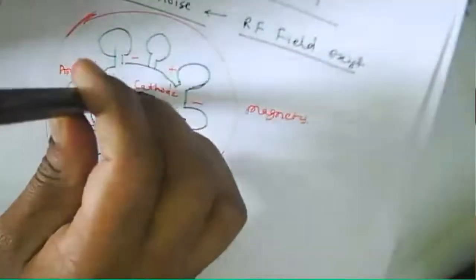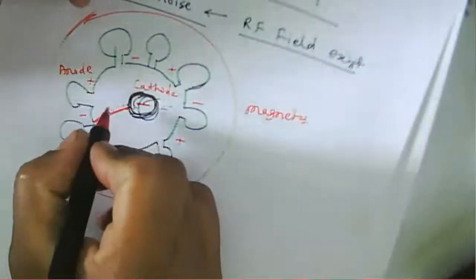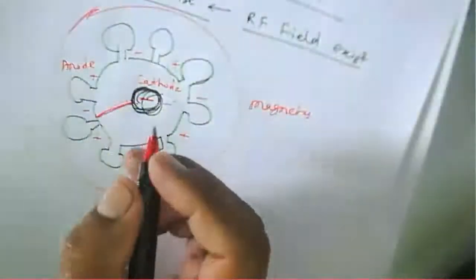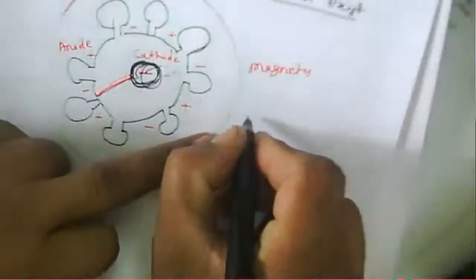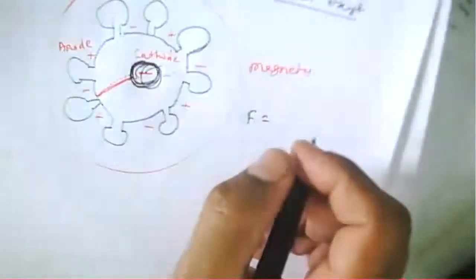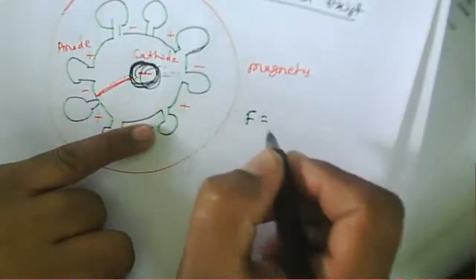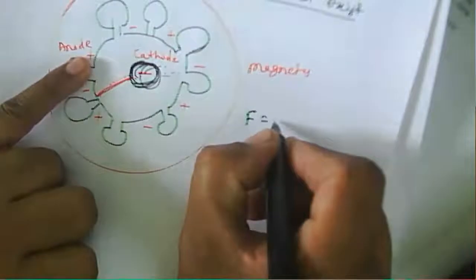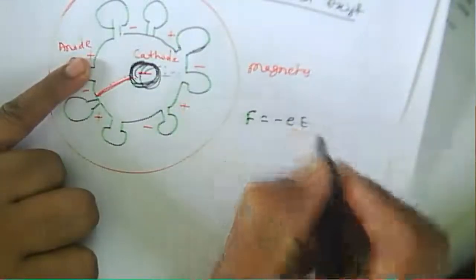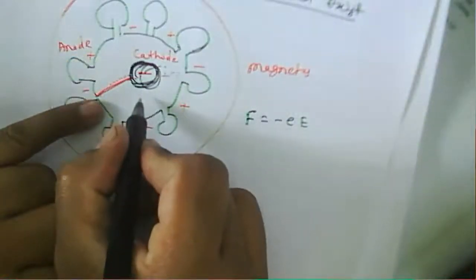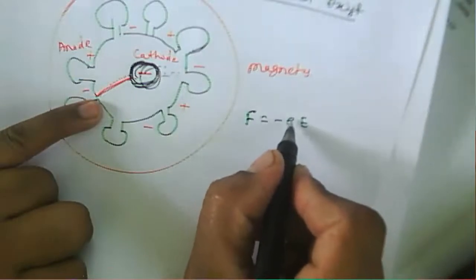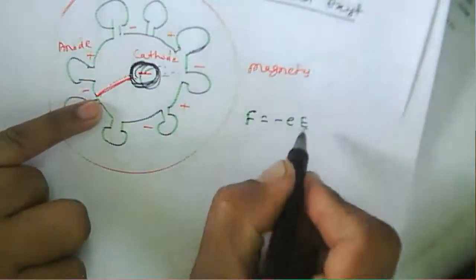That magnetic field and electric field are perpendicular. When an electron is emitted from the cathode, there will be a force exerted on the electron. The force exerted on this electron due to the electric field is minus eE, where e is the charge and E is the electric field.